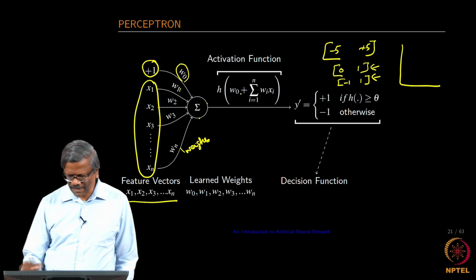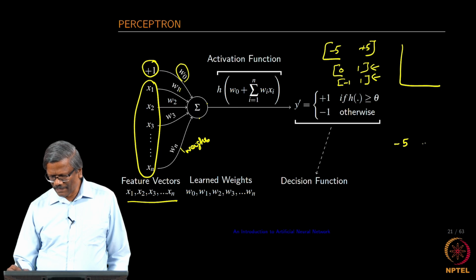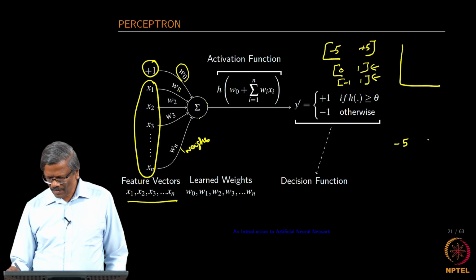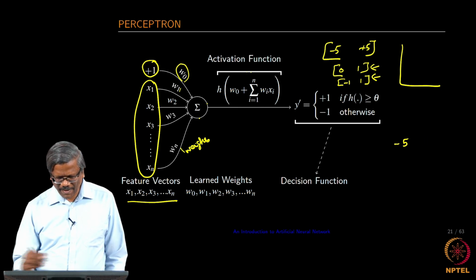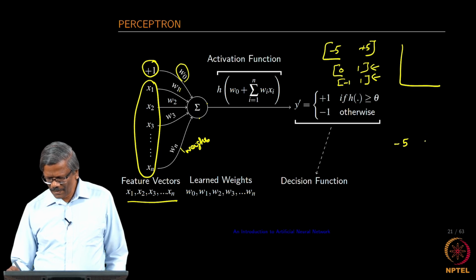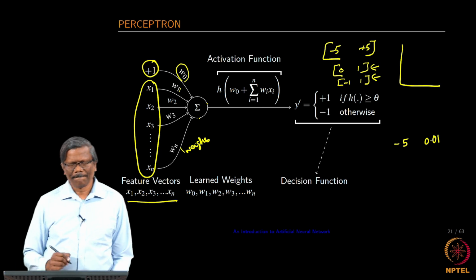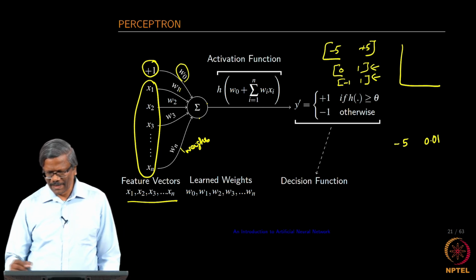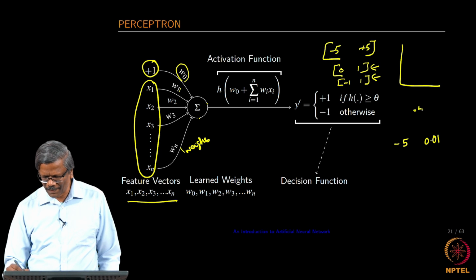For example, if I have -5, then using the activation function it gives you 0.01. Let us say my threshold is 0.5.